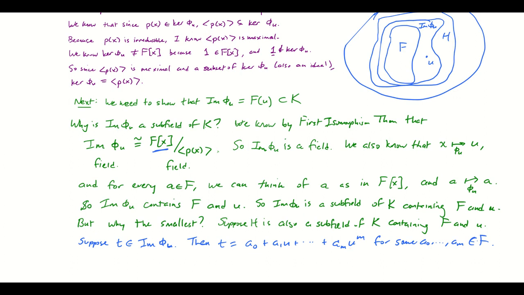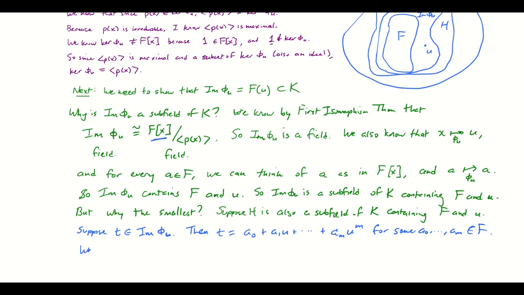And all of those things belong to H. So we know, since H is a field containing a0 through am and u, that means that t has to belong to H. So the image of our evaluation map has to be a subset of H, in fact a subfield of H. So this means that the image of the map really is the smallest subfield of K that contains both F and u.